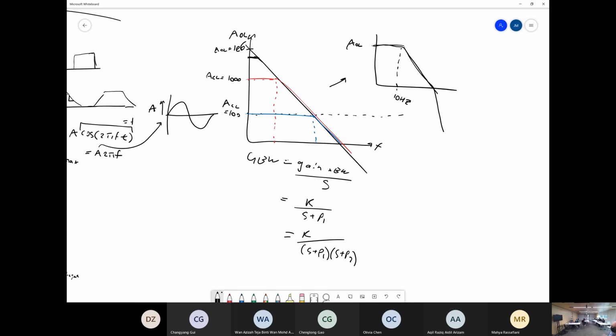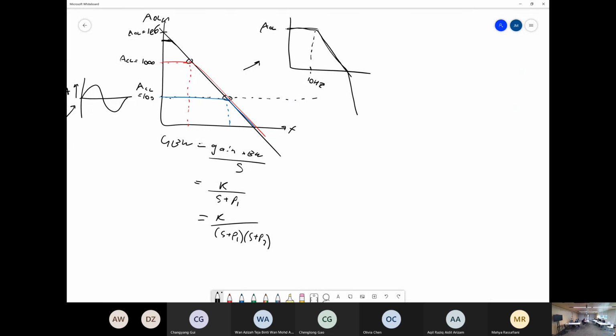The gain bandwidth product is the gain times the bandwidth. It's a good enough approximation, depending on what you need to do. Sometimes it's not, and it can be pretty bad if you're doing a linear approximation, but in most general purpose cases you can do a linear approximation. And bandwidth here literally means the frequency at which your 3 dB point is. So these corners here are your 3 dB points.